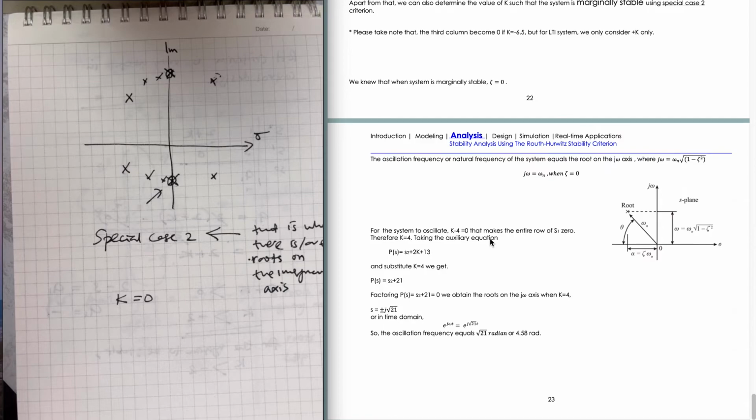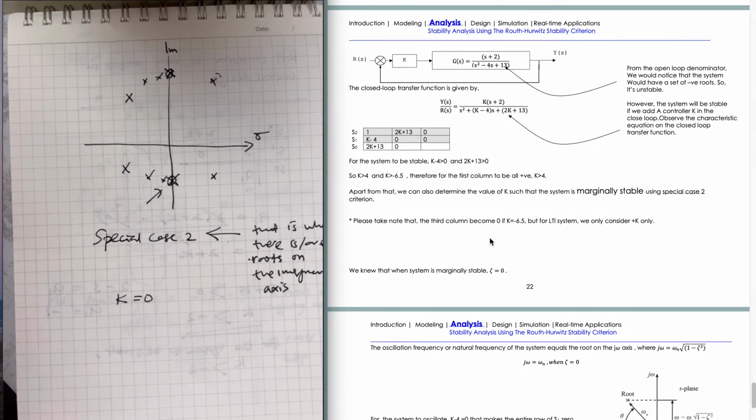That becomes a very useful method to determine the range of k for the system to be stable, and the value of k when the system becomes marginally stable. If we increase the k values here, the roots will change.